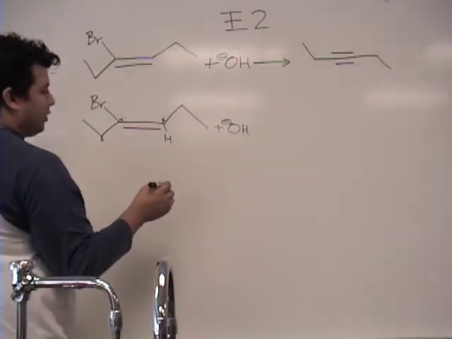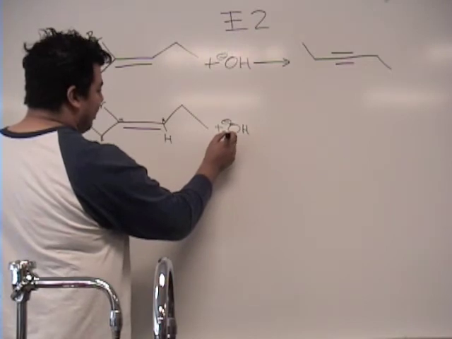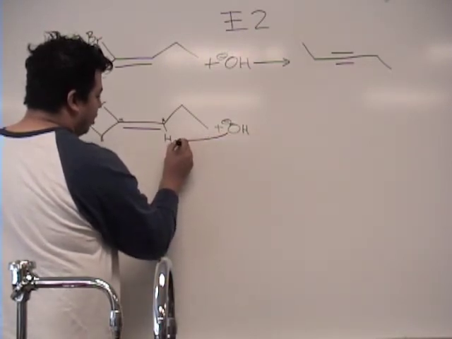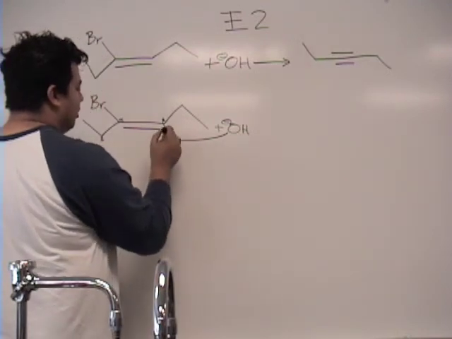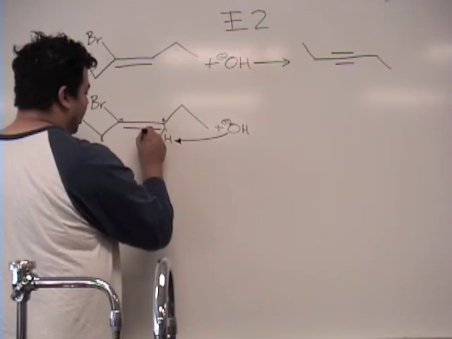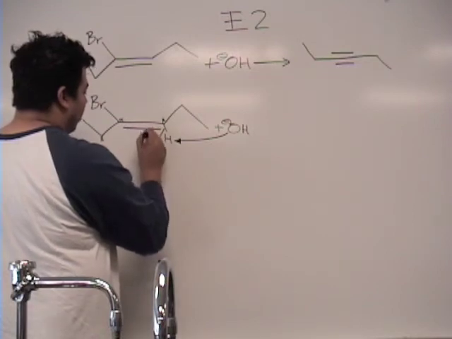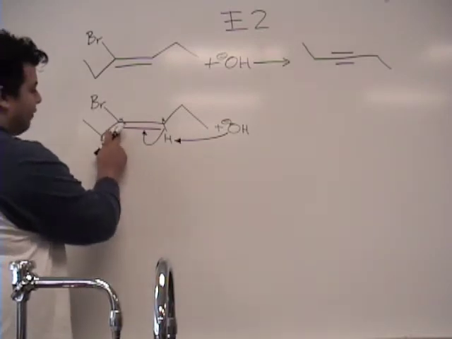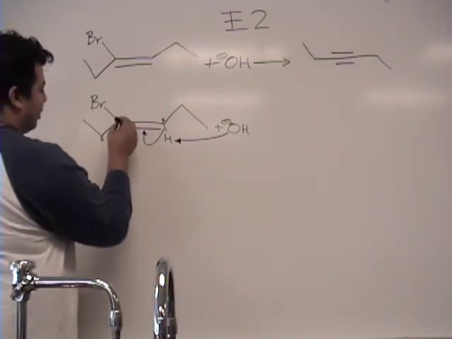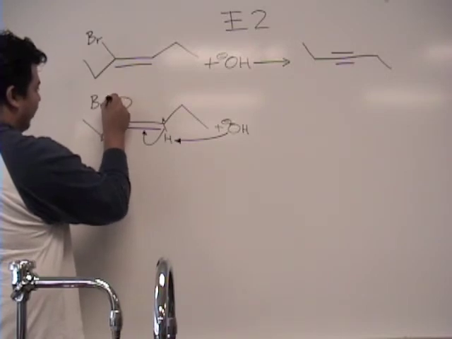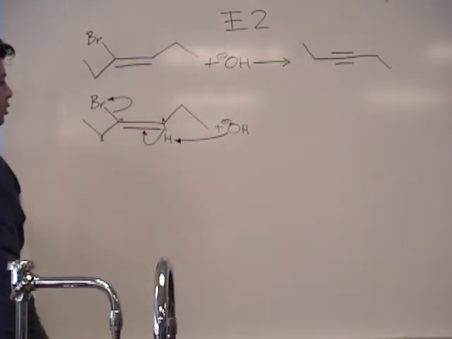So this is going to act as a base, and it's going to pick up this acidic proton. Then this bond is going to make another pi bond right here. And while that happens, this carbon is going to have too many bonds, so the leaving group is going to leave with electrons.